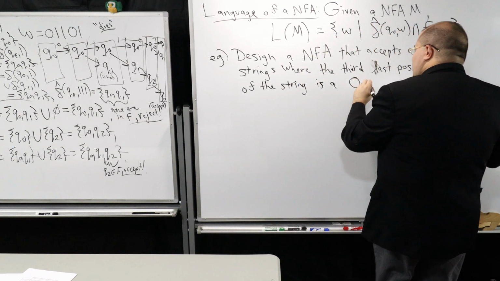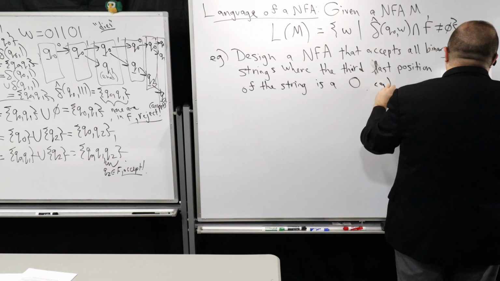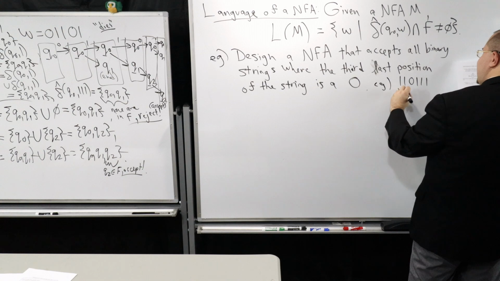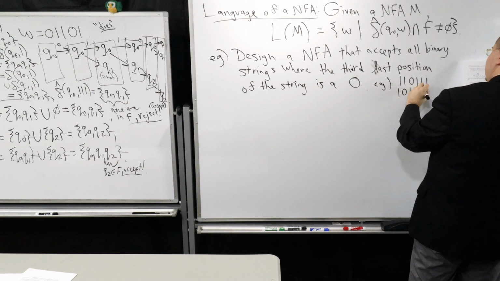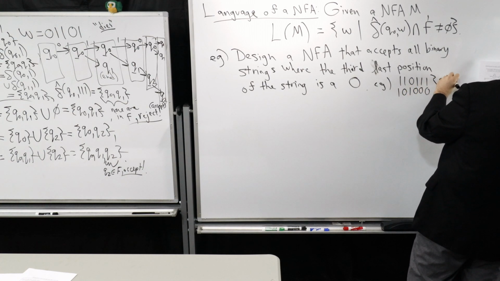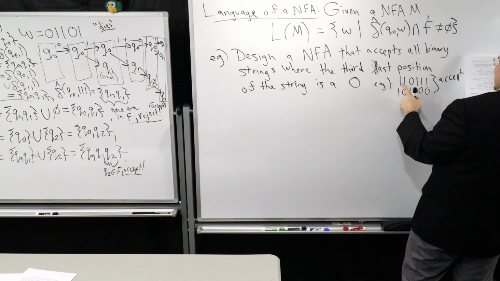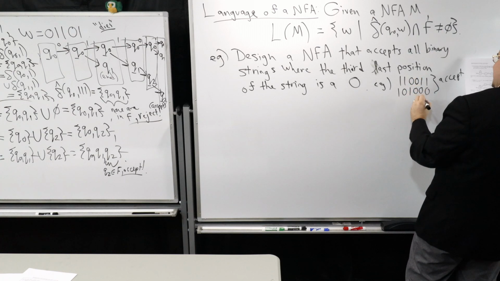So just as an example, just to illustrate this, 1 1 0 1 1 1 and 1 0 1 0 0 0, these all should accept. Actually, sorry, let me make sure here. I think we need the 0 right here, right? Third last position, yeah.